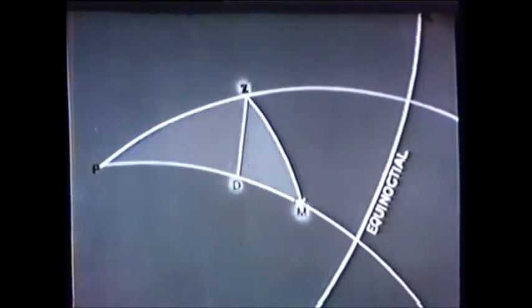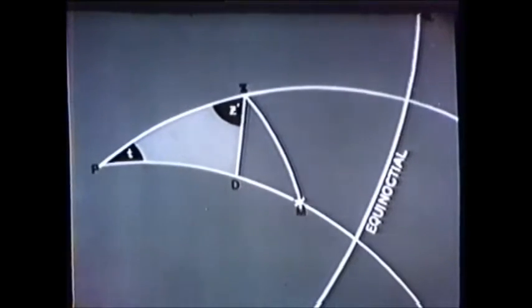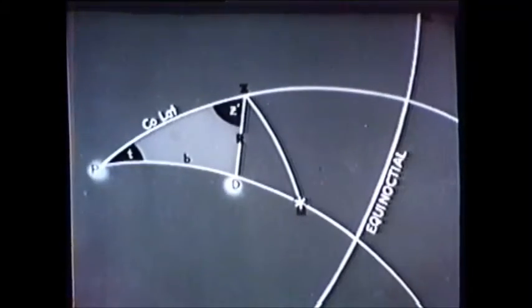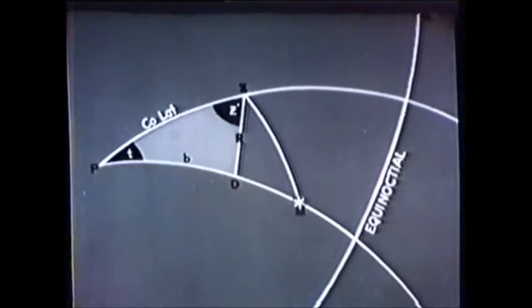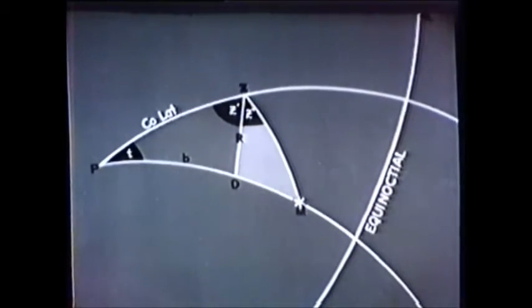In this triangle, there is the angle Z double prime, and the sides MZ, the co-altitude, DM, called B, and the perpendicular R. It can be seen that capital B plus small b is equal to the co-declination, and that the azimuth angle is equal to Z prime plus Z double prime.